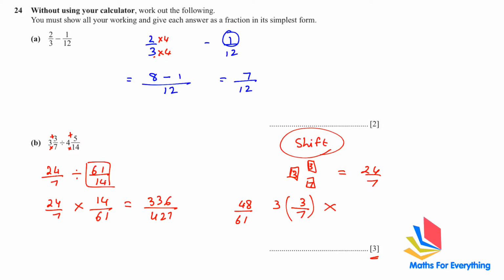I left some space in the middle. The reason I left it is we are going to write here divide. What number do we divide 336 by to get 48? So directly divide 336 divided by 48 and let's see what we get. 7. So just write that answer here and then you can erase this part out.